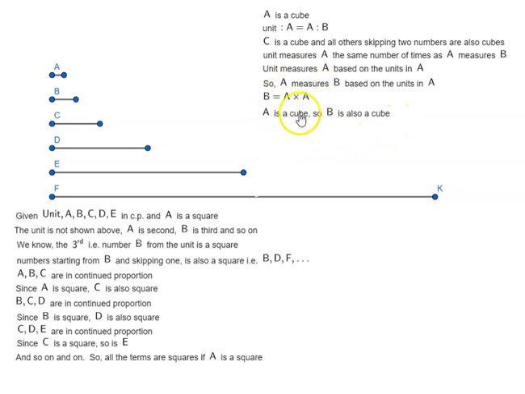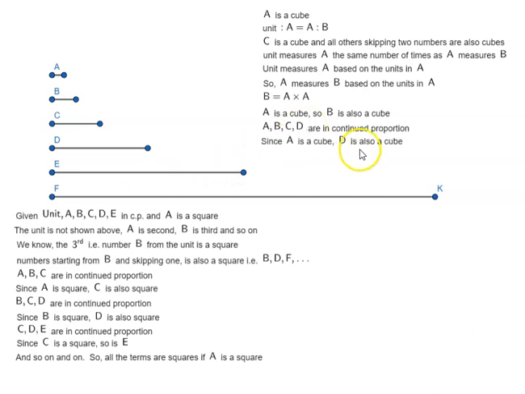Now think about this. A is a cube. We multiply it with another cube, and we get the result as a cube. Again, we have proved this previously. Now we start with 4 numbers. A, B, C, D are in continued proportion, and given 4 numbers in continued proportion, if the first one is a cube, then the fourth one is also a cube.